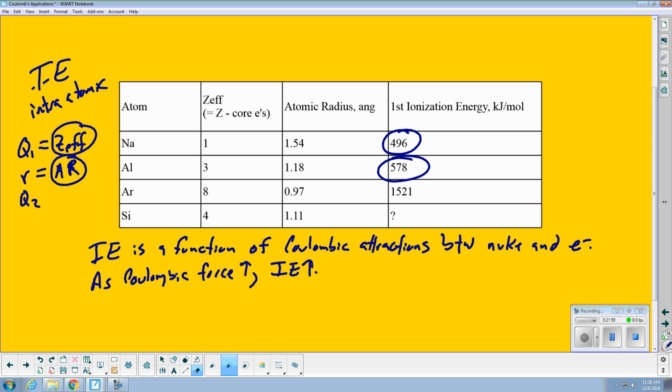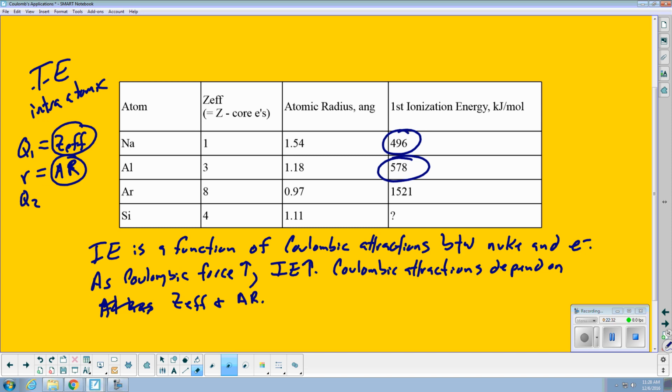Now, we want to explain this. Let's talk about my Z effective. Let's talk about my Coulombic attractions. My Coulombic attractions depend on Z effective and what?